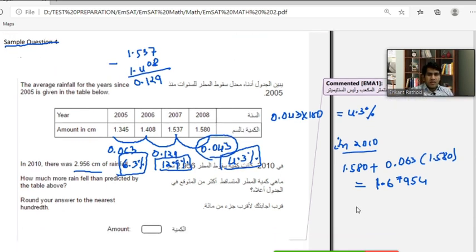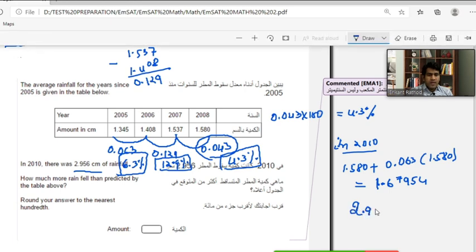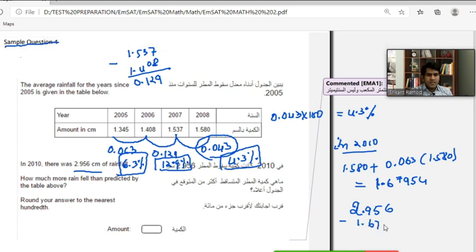We can do it like 2.956 minus 1.679 something, right? If you take the difference of this, you'll be getting 1.2764. So this is the amount the rainfall increased by.